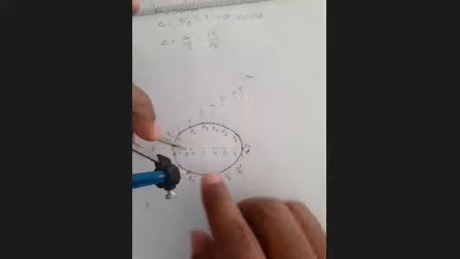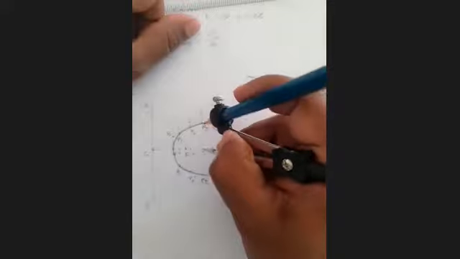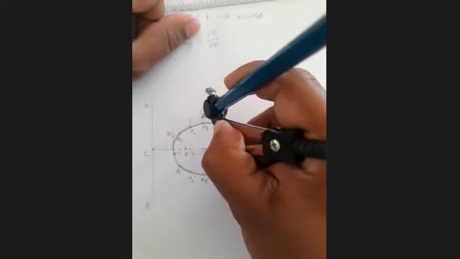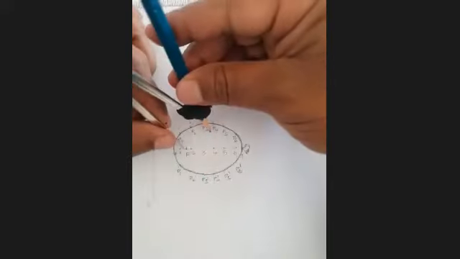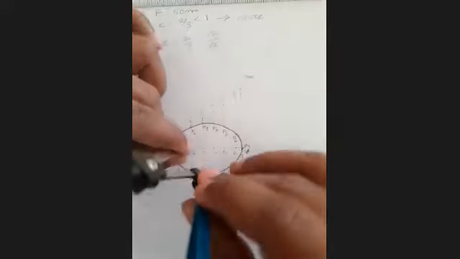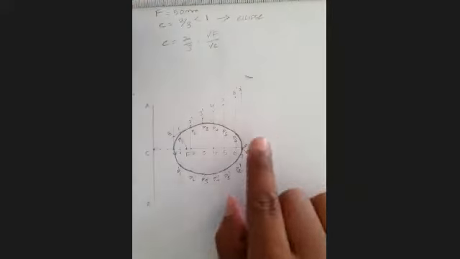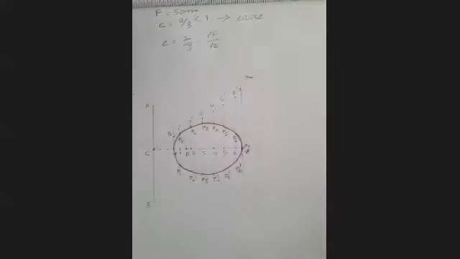Then you will get P2 and P2 dash. Next, go to 3, 3 to 3 dash as radius, again F as center, cut the arc above and below. Similarly, you continue up to the last. So I will wait here. Any doubts, please ask.